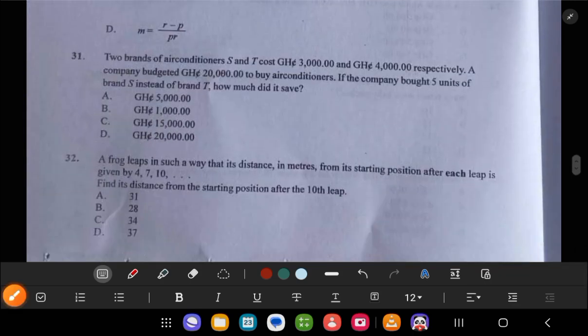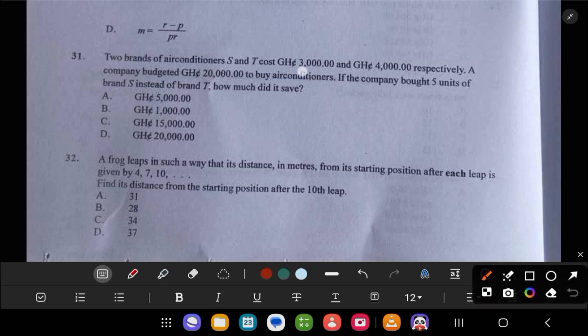Question 31. Two brands of air conditioners, S and T, cost 3,000 cedis and 4,000 cedis respectively. A company budgeted 20,000 to buy air conditioners. If the company bought 5 units of brand S instead of T, how much did they save? All you have to do is just multiply the cost of the brands by the number of units.